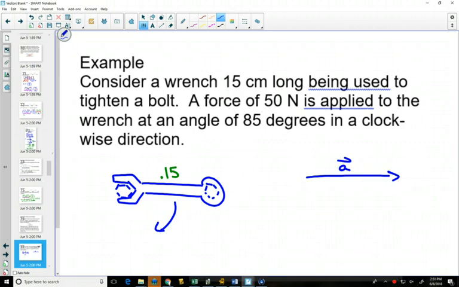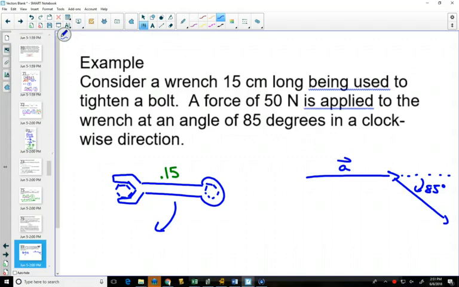If the angle is applied at 85 degrees, this is the way that you would imagine it, because you would put your hand on the end of your wrench and apply the force there. So we imagine sort of extending this way and imagining that 85 degrees there for our second vector, which is our force vector.